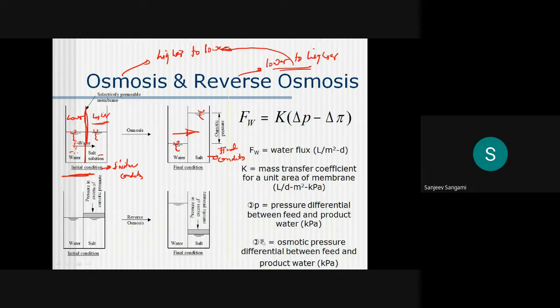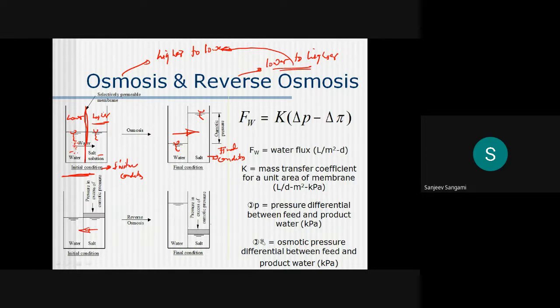So if any pollutants are there, the movement will be from lower to higher concentration. So that is reverse osmosis. In reverse osmosis, this is the initial condition. Then you have to apply some pressure, and the movement will start from salt to water.